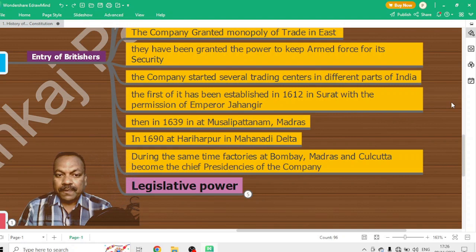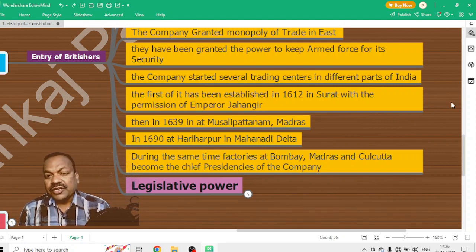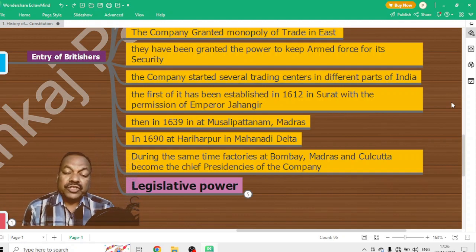The company started several trading centers in different parts of India as its growth went on. The first was established in 1612 in Surat with the permission of Emperor Jahangir.